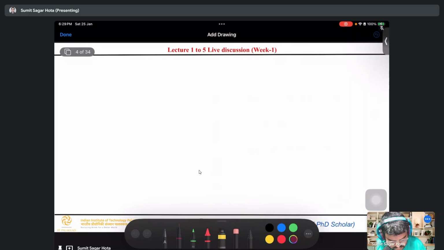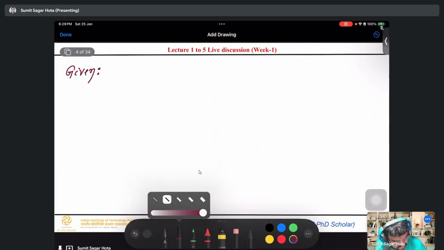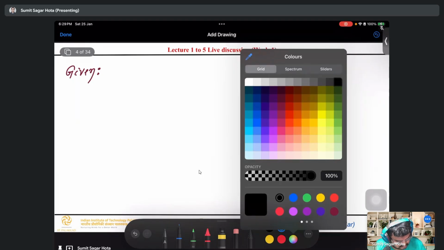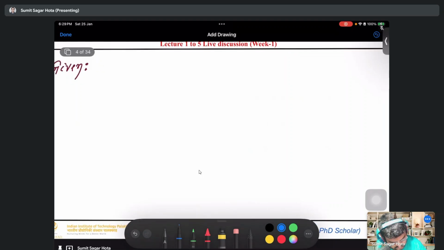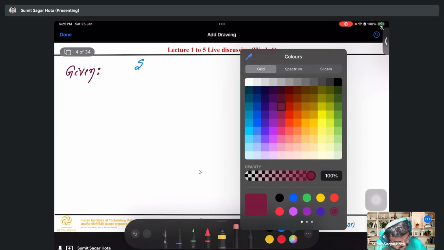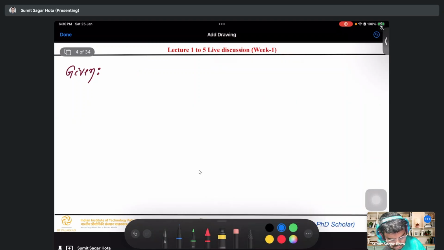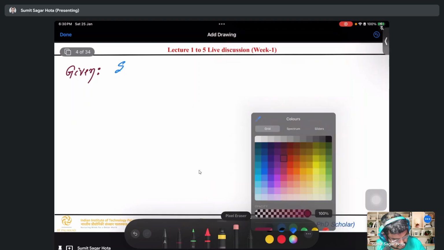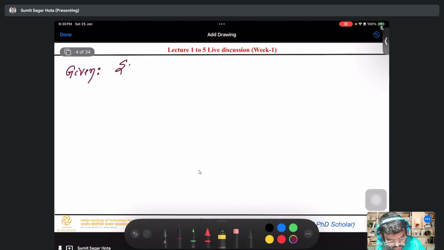Given are the species, the moles, the mole fraction, and the mass fraction.